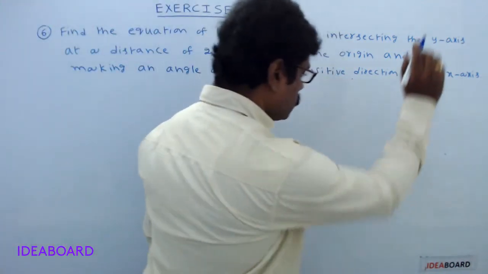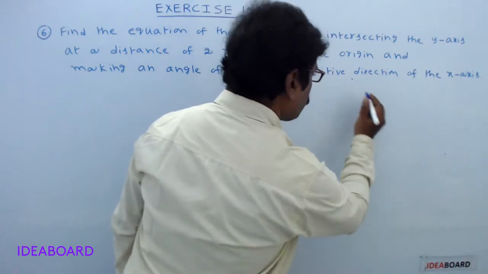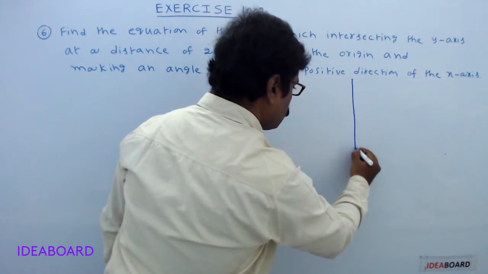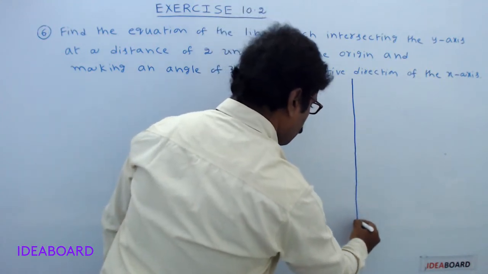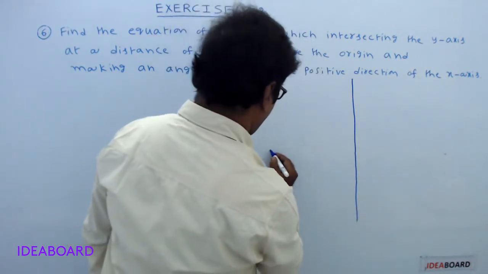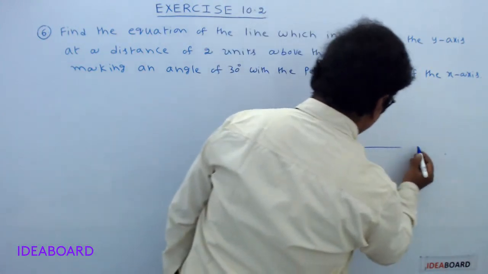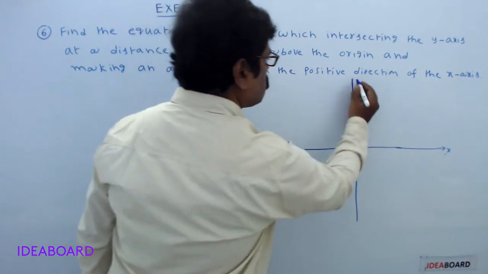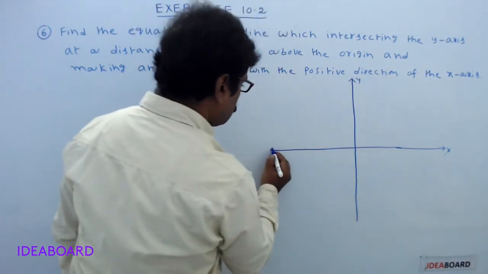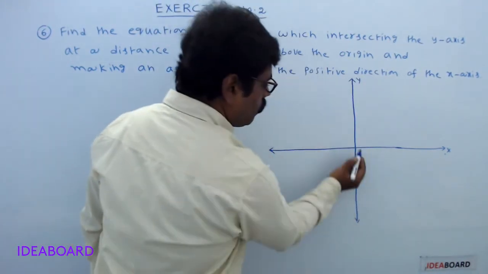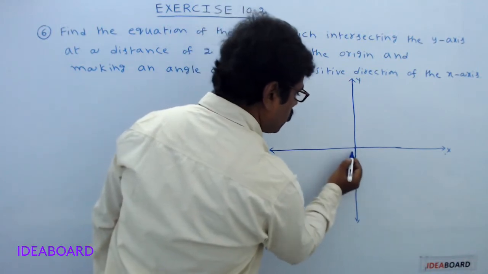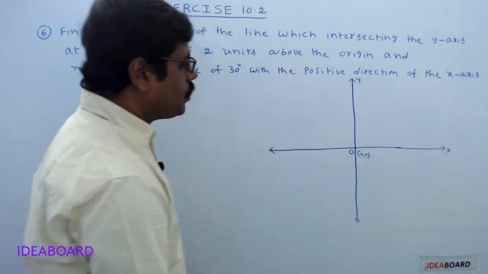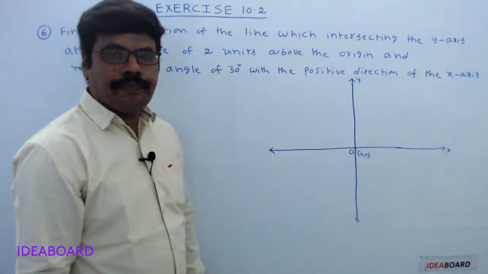First draw the coordinate axes. Suppose this is the x-axis, this is the y-axis. The point of intersection of x-axis and y-axis is the origin. Coordinates of origin will be 0, 0.